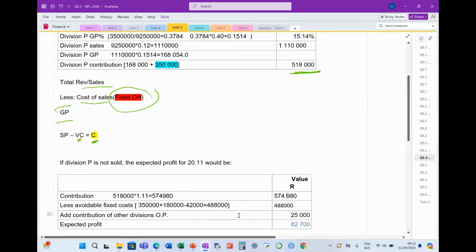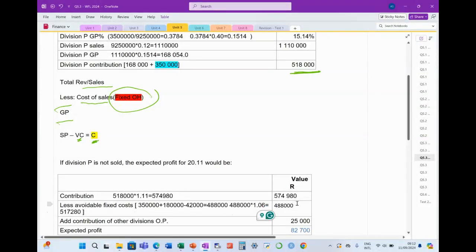Okay, so again, let's see. If we look here, it says if the division is not sold, fixed costs will increase by 6%. So we also need to account for that. Here we're going to say times 1.06. So that now is what our fixed cost is.